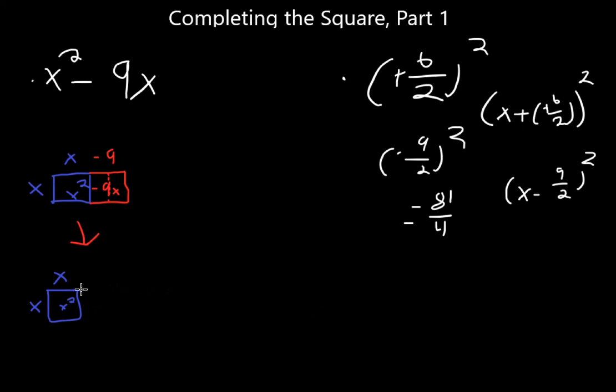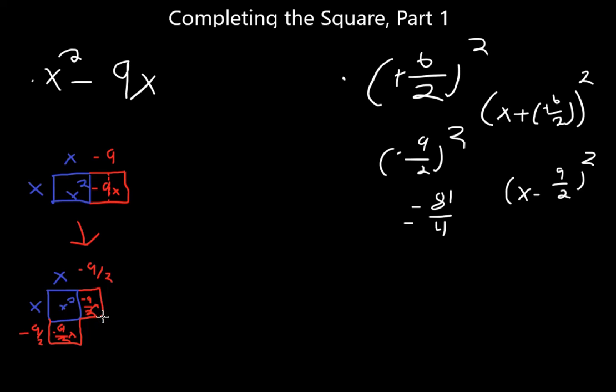And then we're going to have this length of negative 9 halves, and this will be negative 9 halves x. And then we'll have another one here that's negative 9 halves, and the area is negative 9 halves x.